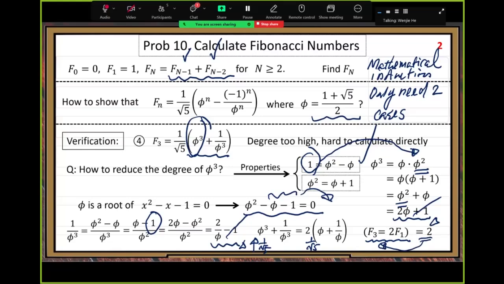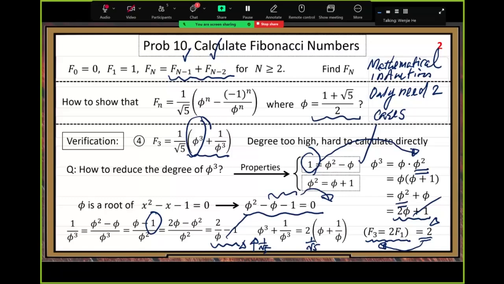But this time, you can see we applied the 2 basic properties of the golden ratio. This is just a simple example of how to apply the 2 properties to simplify any expression with the golden ratio.